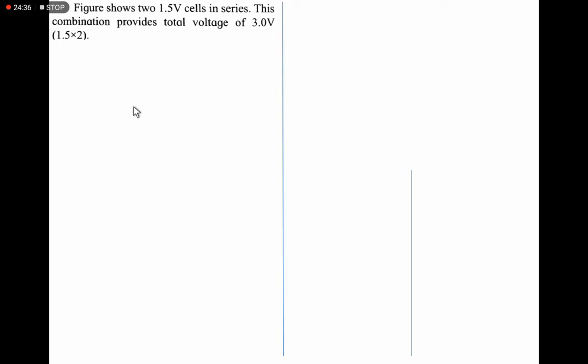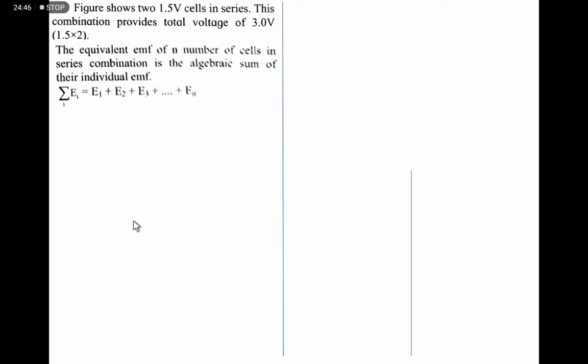They are assisting each other, therefore the total potential will be 3.0 volt. If a number of cells are connected to each other and they are assisting, then in this series combination there is simple addition of the EMF of all the cells.